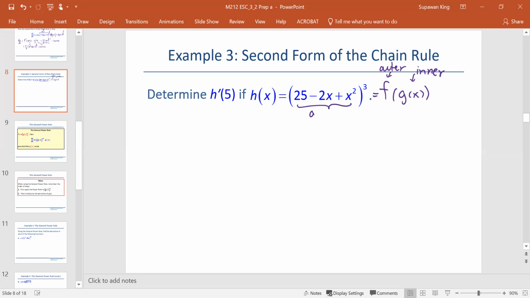In this case, your g of x is 25 minus 2x plus x squared. That tells you the g prime at x would be negative 2 plus 2x. And the function f would be the function of the quantity raised to the power 3.